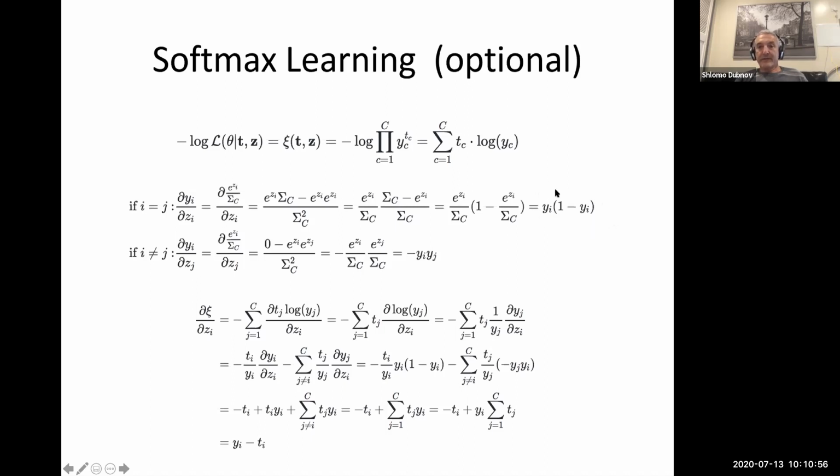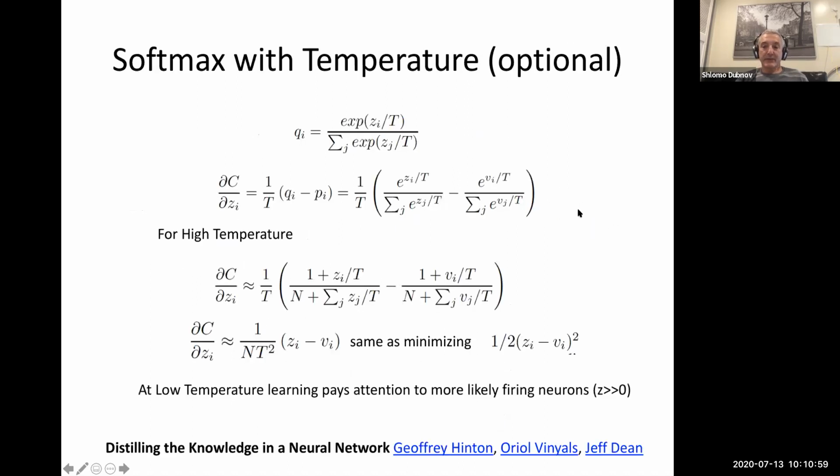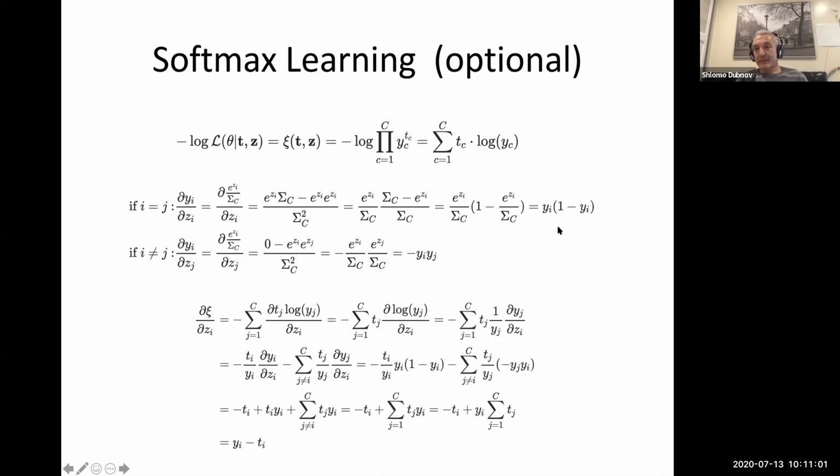So it's a very neat expression, but of course you need to go through the derivation and show that this is true. This is actually the probability that y will happen times the probability that it will not happen. Also, an activation on neuron J affects the probability at output Y because we sum them all together.